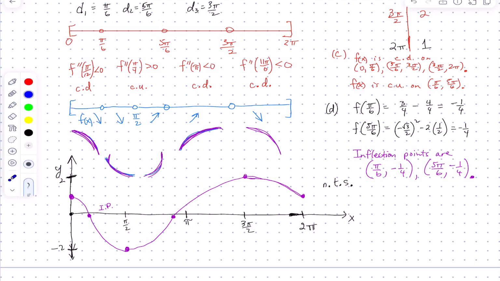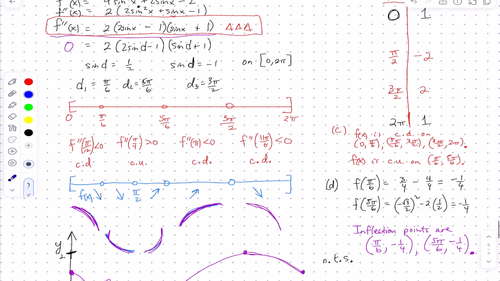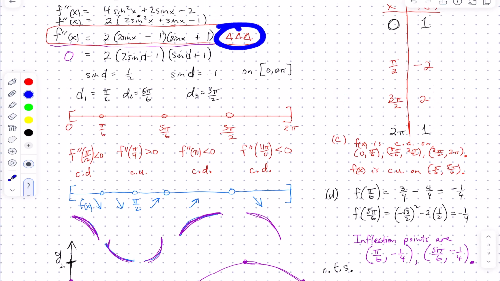When you test the second derivative, you choose your own test values. Make sure you choose a test value between 0 and pi over 6 radians. I recommend pi over 12. And then where are you evaluating this? You're evaluating it here in the factored form of the second derivative function.